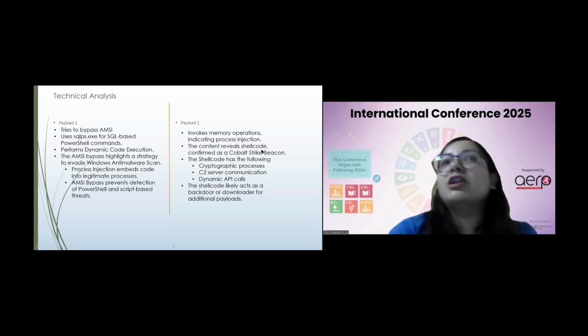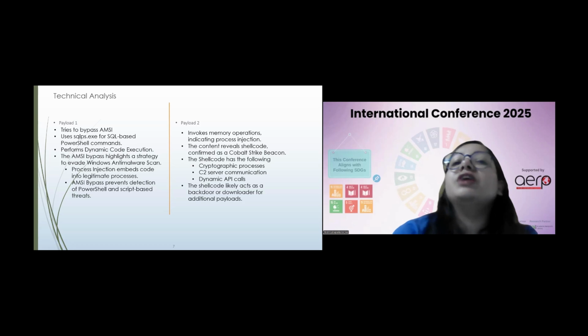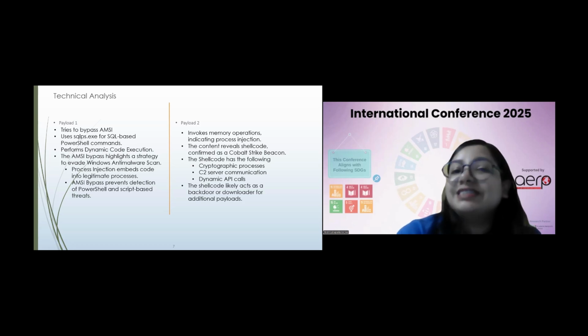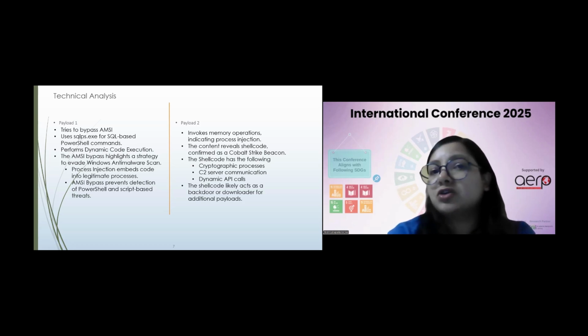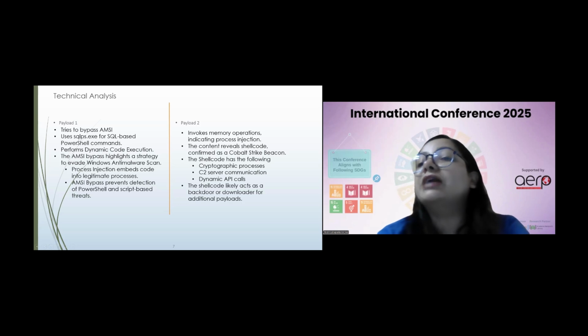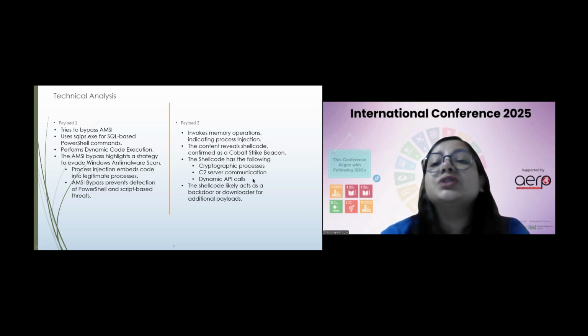In the case of Mallox ransomware, we did not observe any shellcode, but this time, in the rebranding of Mallox, in Weaxor ransomware, we observed some shellcode which was confirmed as a Cobalt Strike beacon. The shellcode had cryptographic processes, C2 server communications, and dynamic API calls.